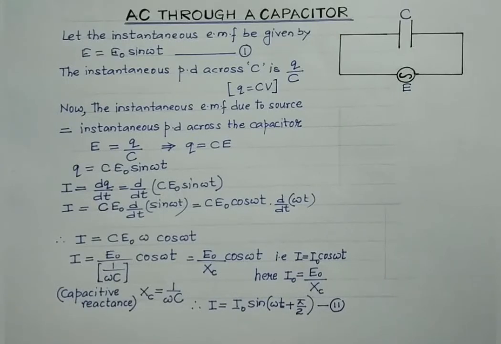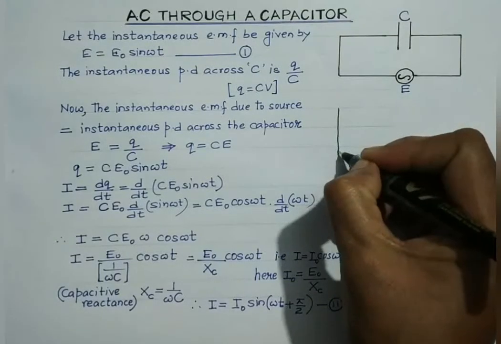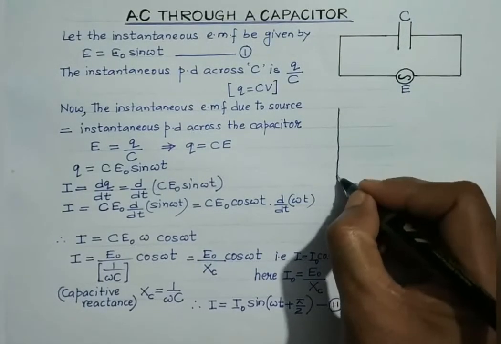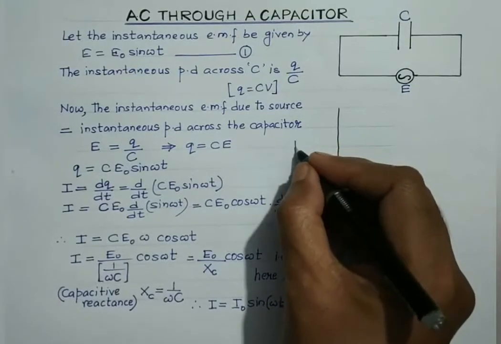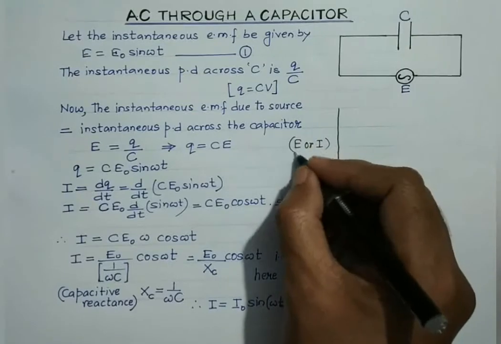Now first and foremost, let us plot a graph between the EMF or current with time. So let this be the vertical axis, which will represent either instantaneous alternating EMF or current, right?